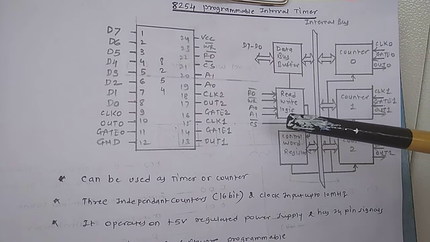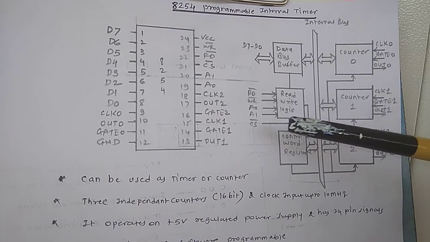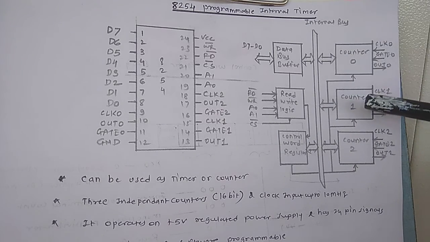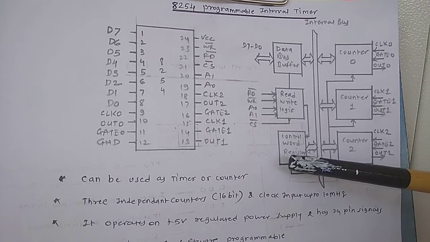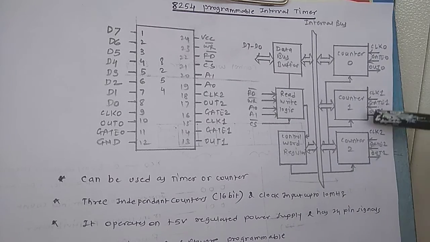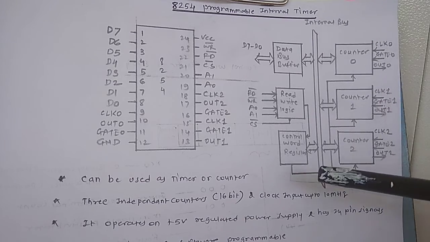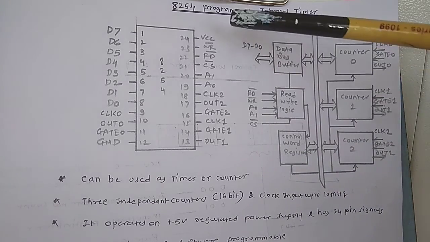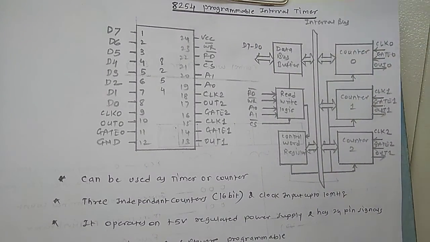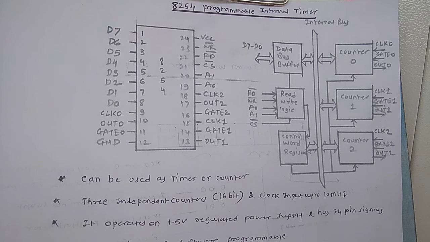But right now what we have to keep in mind, A0, A1 and CS bar are for selection among counter 0, counter 1 and counter 2, and this control register actually controls the different modes of counter 0, counter 1 and counter 2, or actually controls the function of this 8254 programmable interval timer.